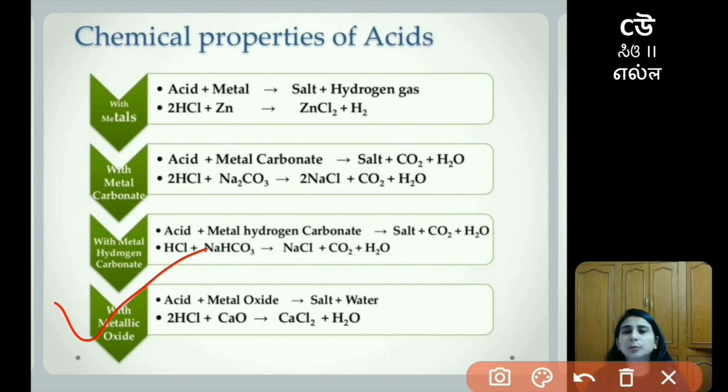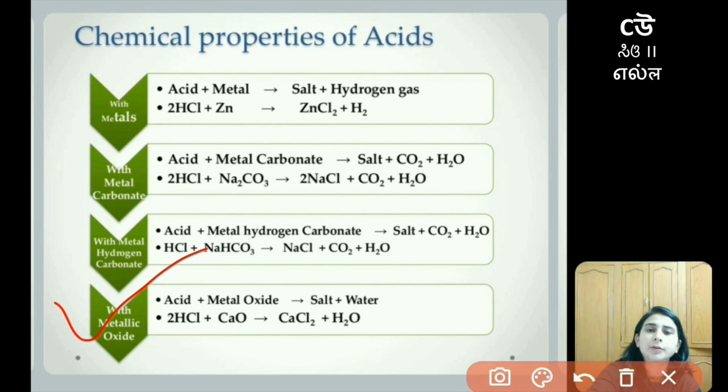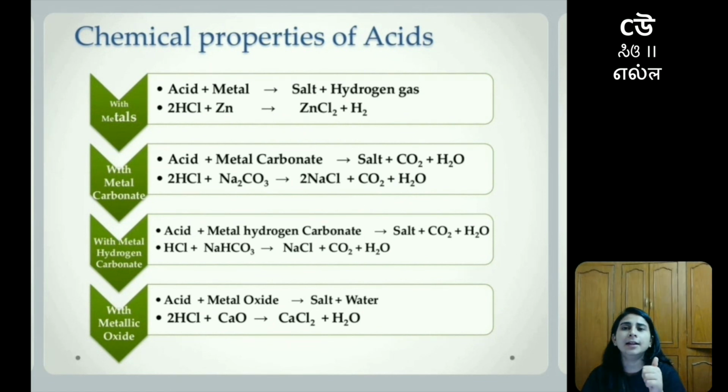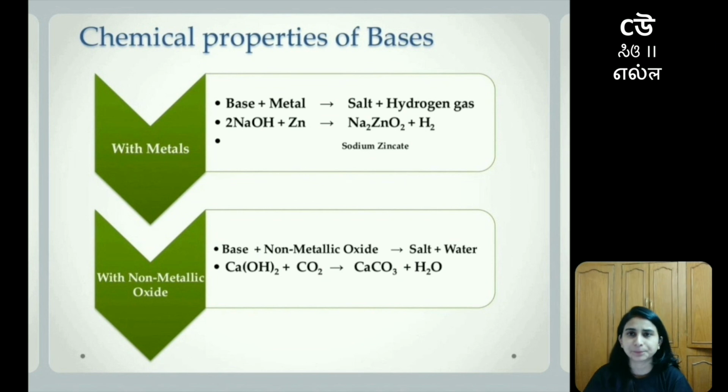The product would be calcium chloride and water. So the reaction is 2HCl plus CaO forms CaCl2 plus H2O. So, students, this was all about the chemical properties acid shows when it reacts with metal, metal carbonate, metal hydrogen carbonate and metal oxide.